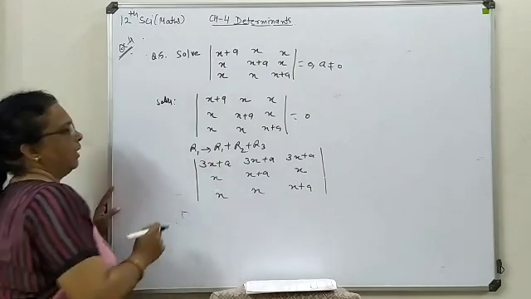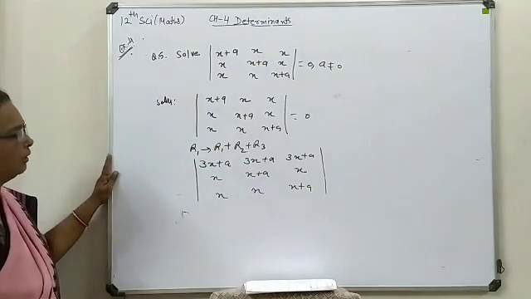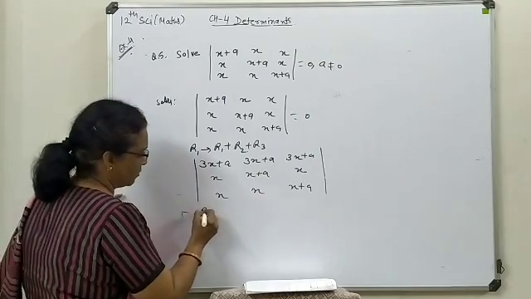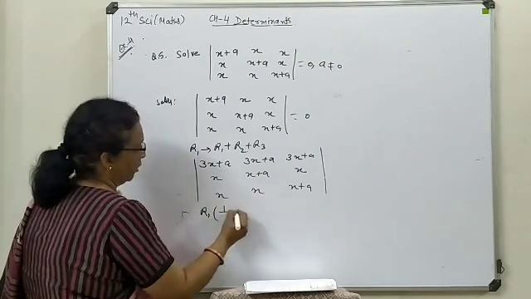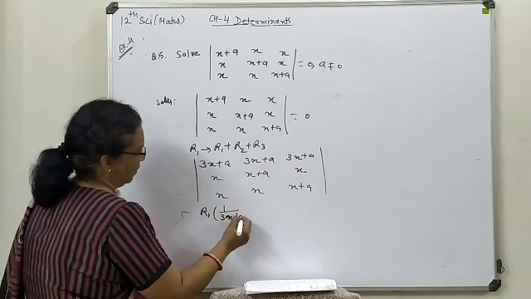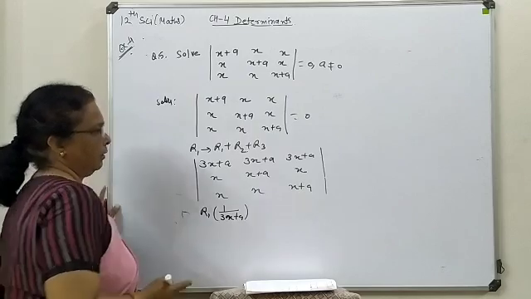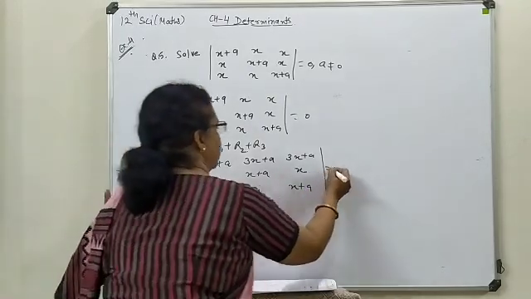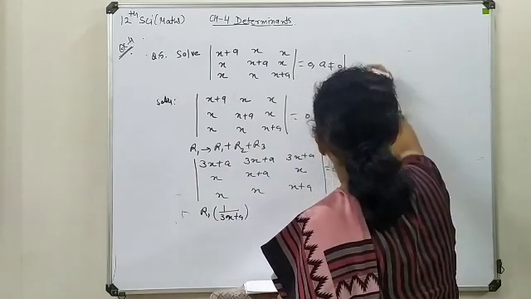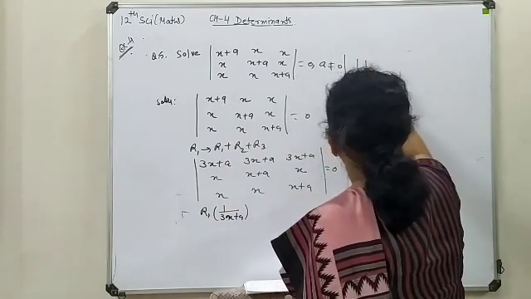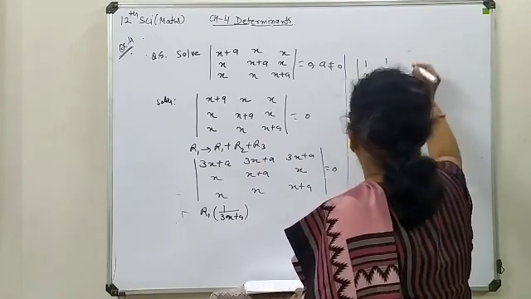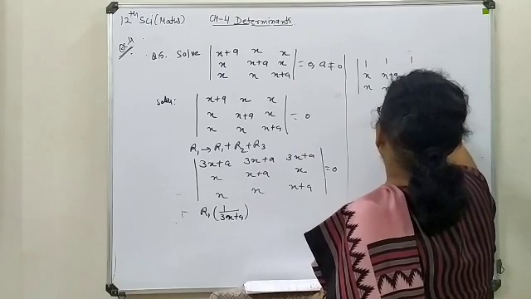Here you see 3x plus a is common in the first row. So in the first row we are going to take common 3x plus a. The remaining determinant will turn as 1, x, x; 1, x plus a, x; 1, x, x plus a.